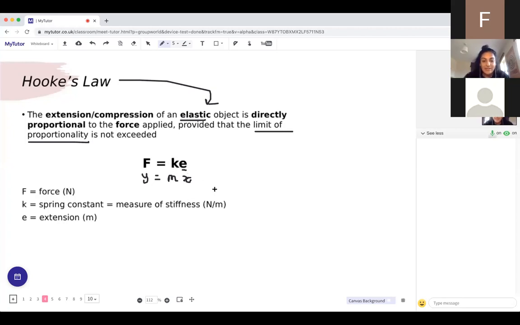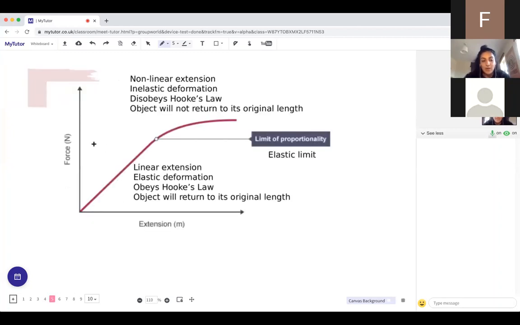There's no plus c in this. If you don't know the equation of a line as y equals mx plus c, don't worry. All you need to know is that we're going to be plotting force on the y-axis and extension on the x-axis, where force is measured in newtons and extension is measured in meters.